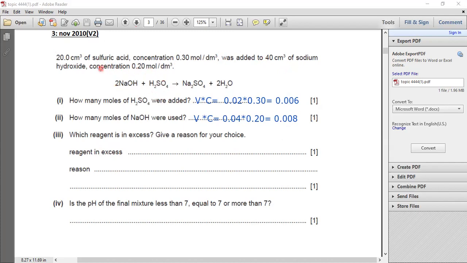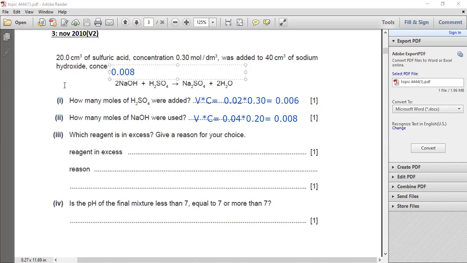Sulfuric acid. Look, H2SO4 is 0.006, and NaOH, we found, is 0.008.